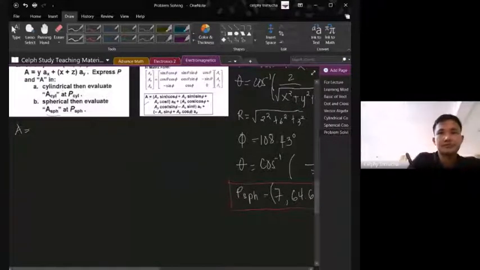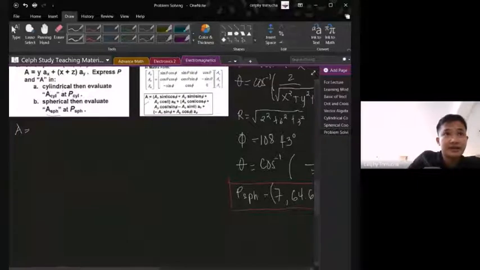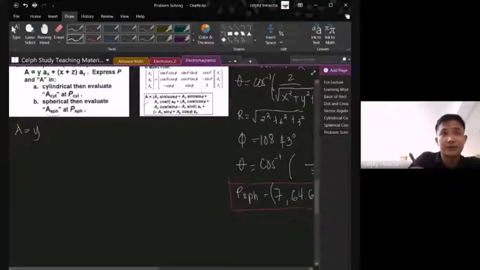Okay, so we have ang aton nga AX is y. So diretso na lang we have y.